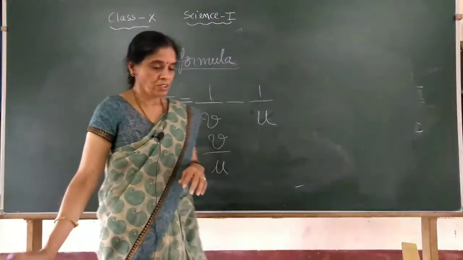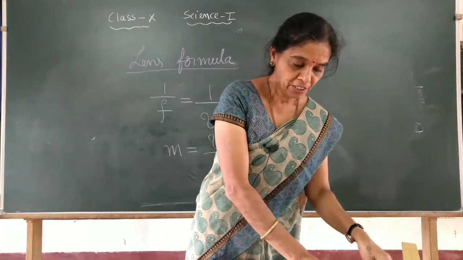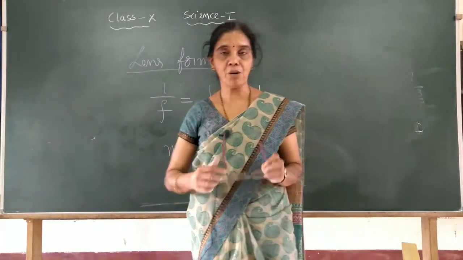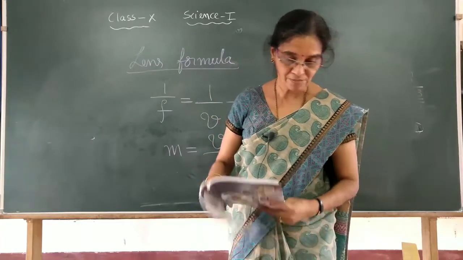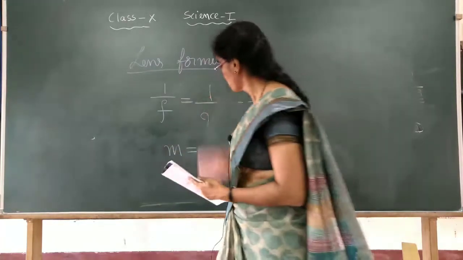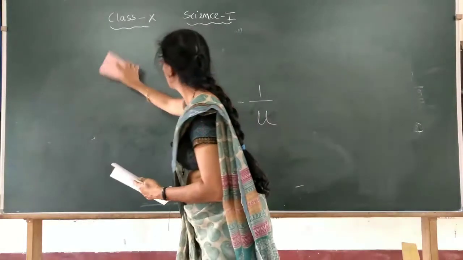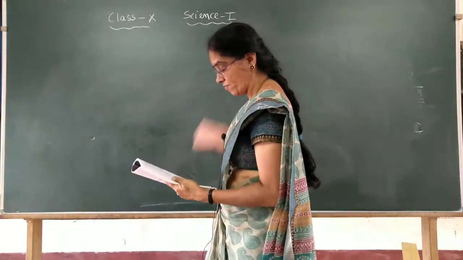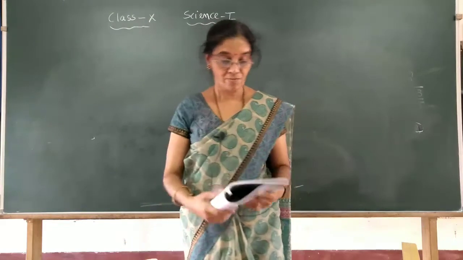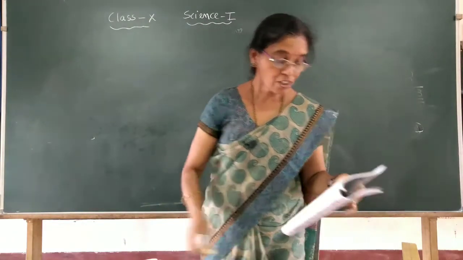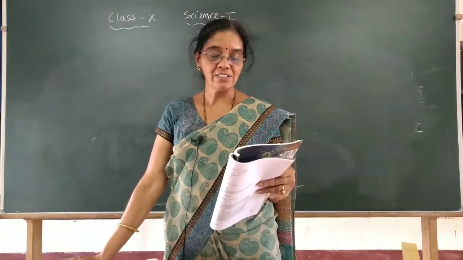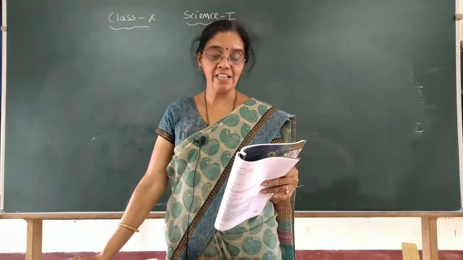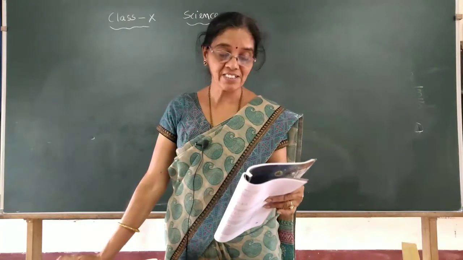Now we will do one problem to see how to apply the formula, and in which way they give the question. One example problem: a concave lens has a focal length of 15 centimeter.